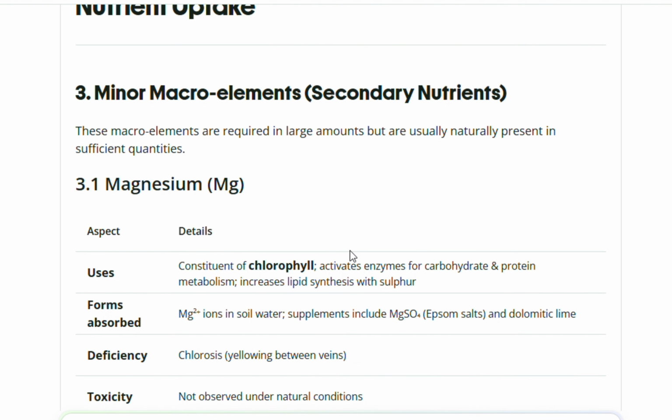Deficiency will result in chlorosis, which is the yellowing between veins. That's chlorosis. Toxicity is not observed under natural conditions, never seen under natural conditions.